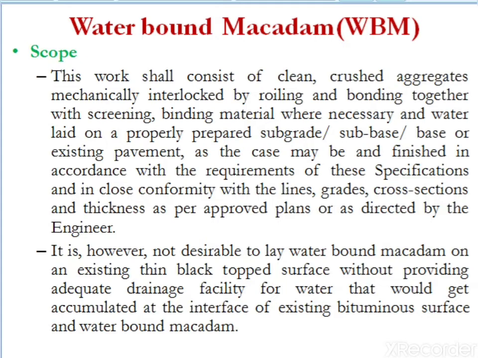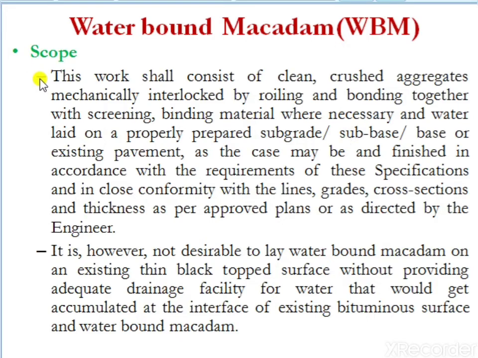So let us see what this Waterbound Macadam is, what the scope and advantages are, if there are any disadvantages, and how the granular road, that is the Waterbound Macadam road, is constructed. First is the scope for WBM.